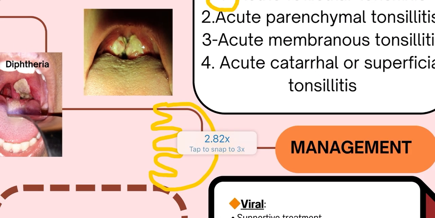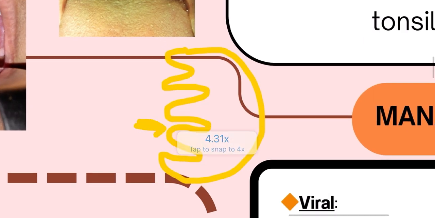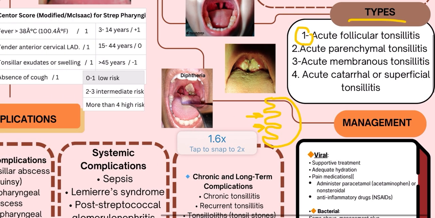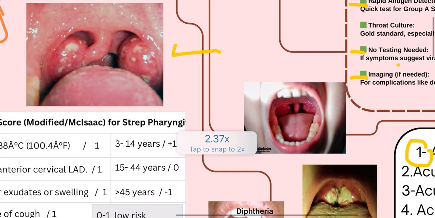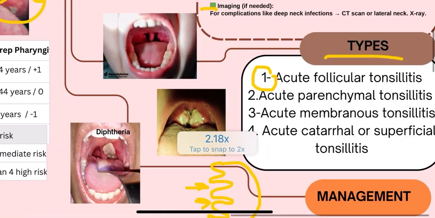When the inflammation of the tonsils spreads to these invaginations or crypts, it leads to filling of these crypts by exudate, giving us the shape just like in these pictures here, like dots filling the crypts. We call it acute follicular tonsillitis.